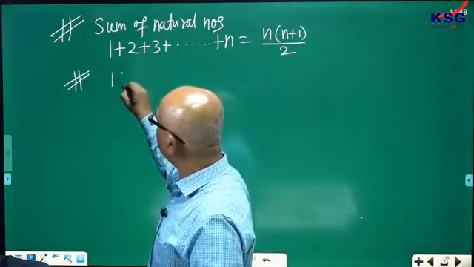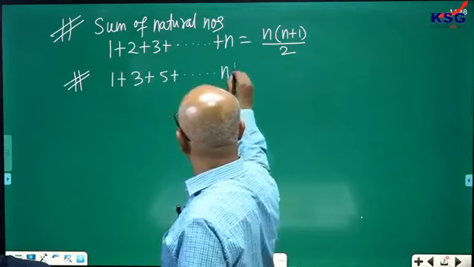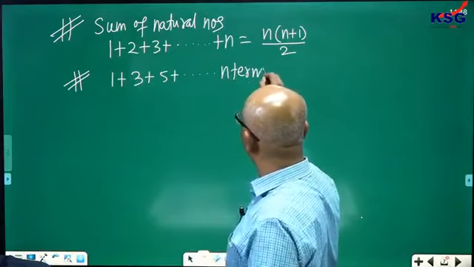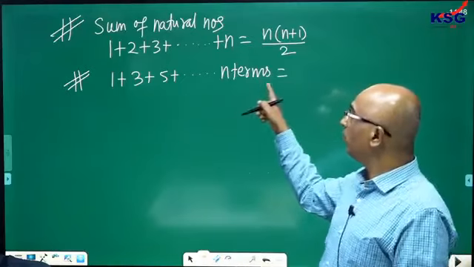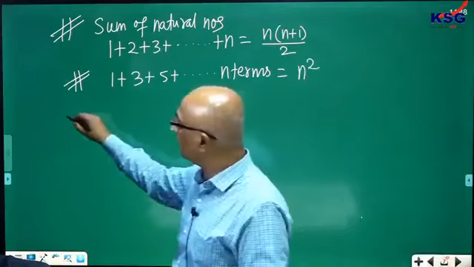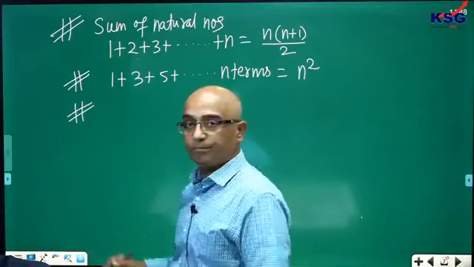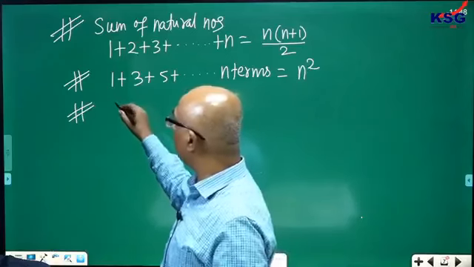Sum of odd numbers, 1 plus 3 plus 5 ... n terms. Please write some basic relations. The sum of odd numbers is given by n square. Third relation: these kinds of 5 relations are given in arithmetic progression.